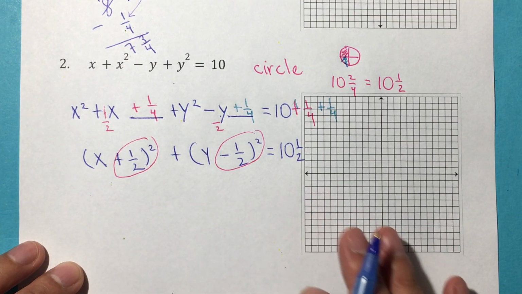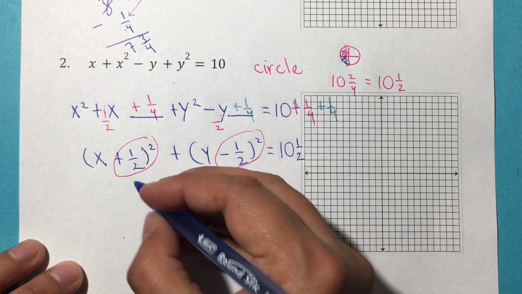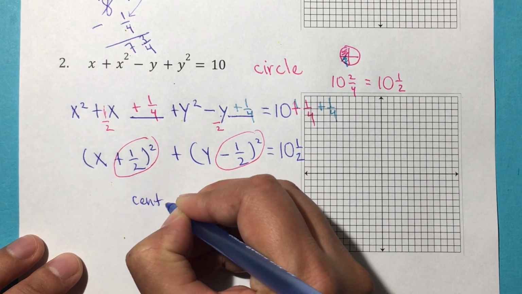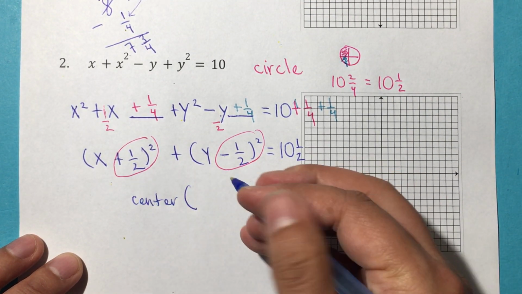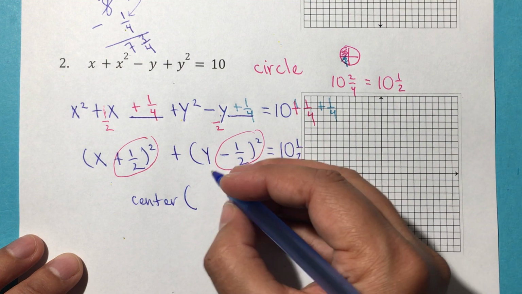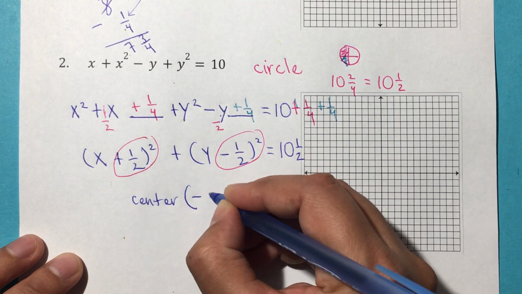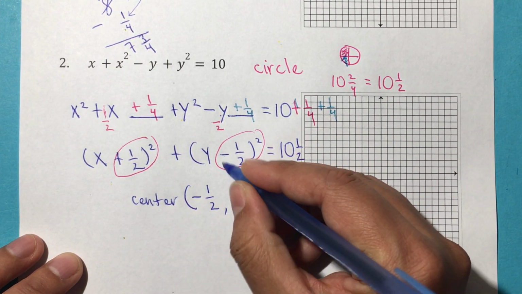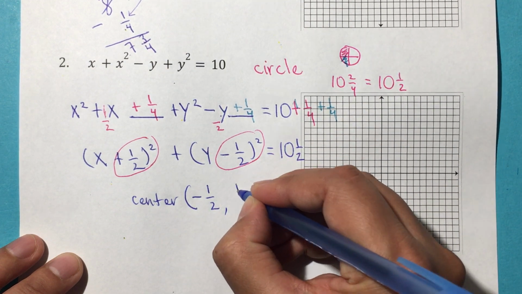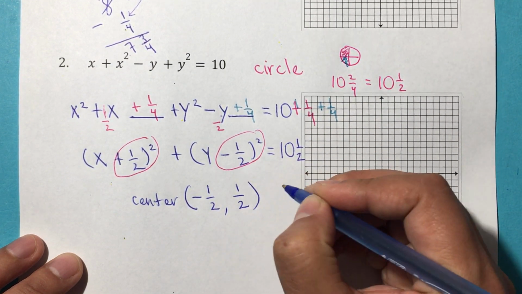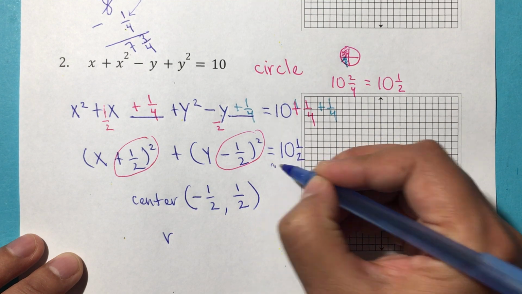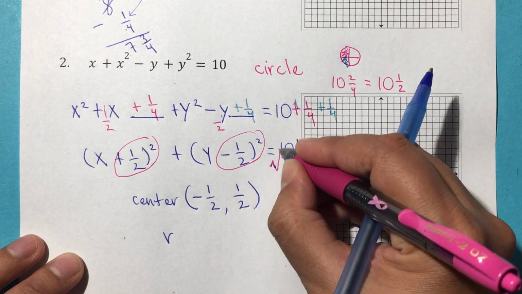Now that we have it in standard form for the circle, we can graph it by finding the center. The center is the opposite of that, so if it's positive 1/2 in here, we'll have negative 1/2. Negative 1/2 will become positive 1/2 for x. And for the radius, we take the square root of the answer.